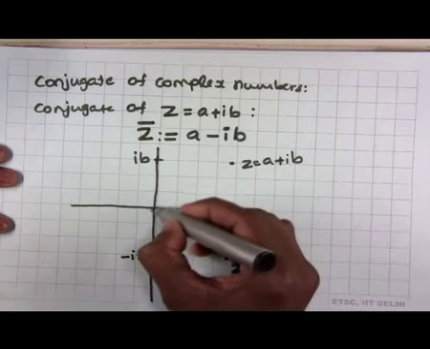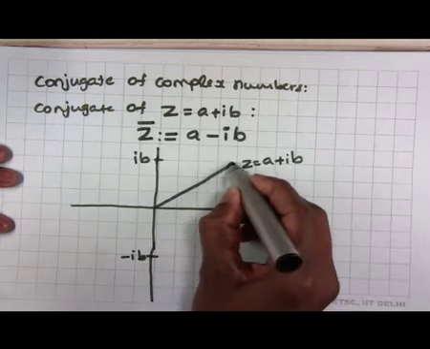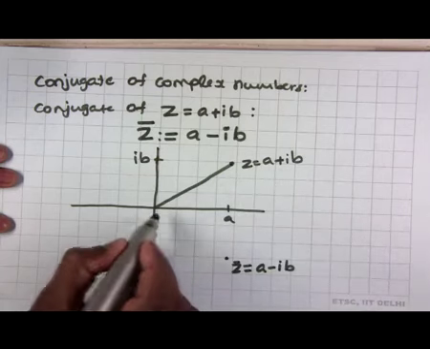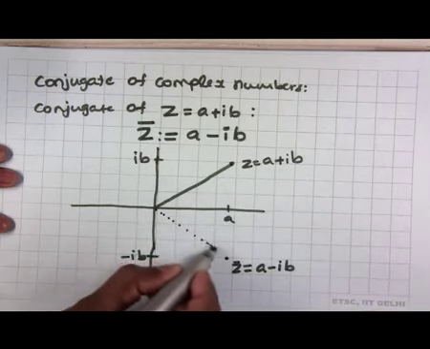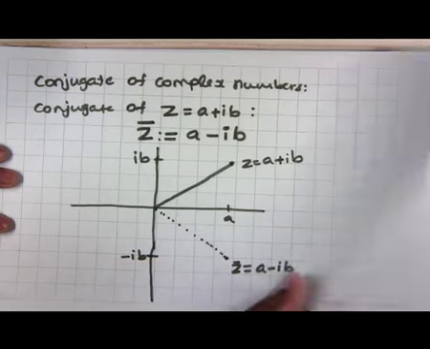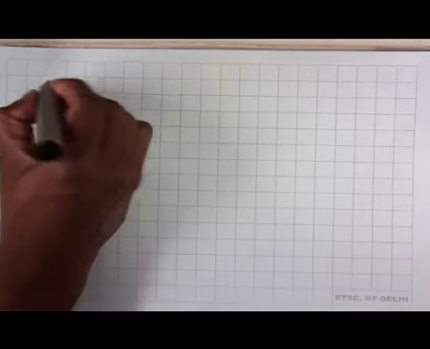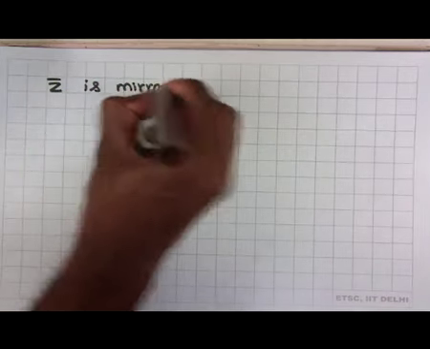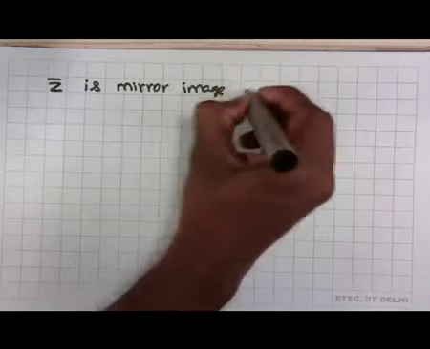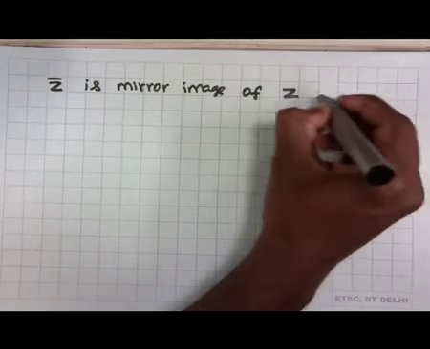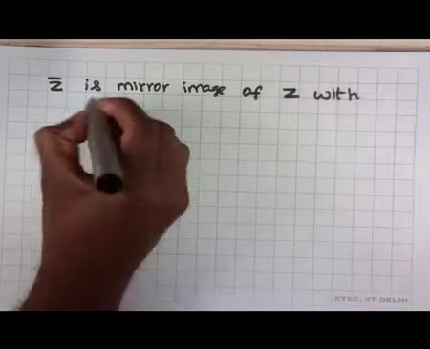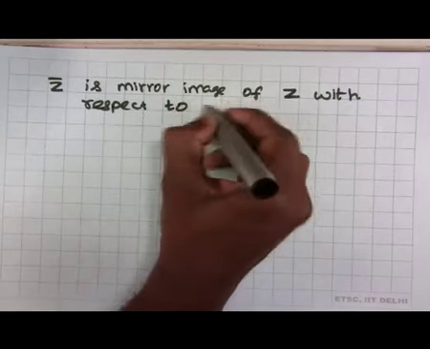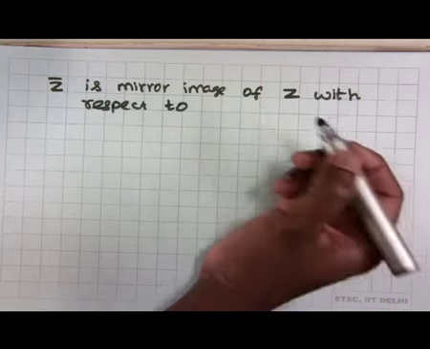If we see, this is nothing but the mirror image of z with respect to the real axis. So, z bar is the mirror image of z with respect to, we can say, the x axis or the real line.